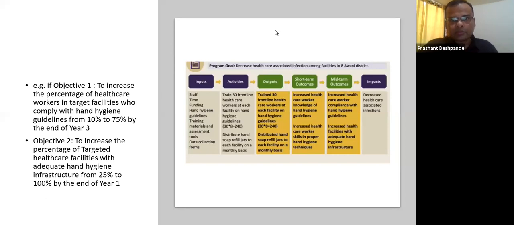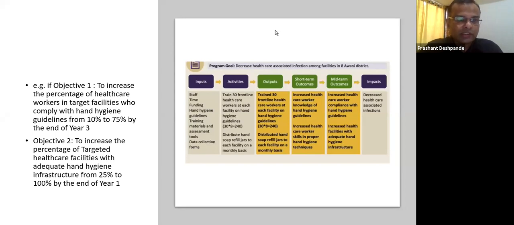Then next step is to go to the outcomes. Now, the short-term outcome: we have increased healthcare worker knowledge of hand hygiene guidelines. That's the outcome, because after our training, in the pre-post test, the post-test score is more than the pre-test score.